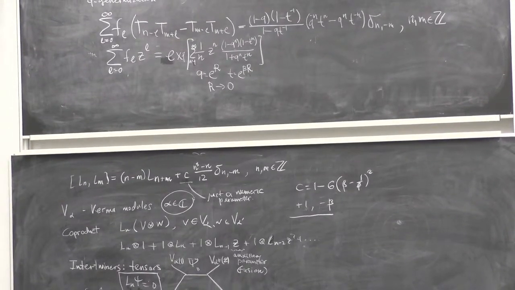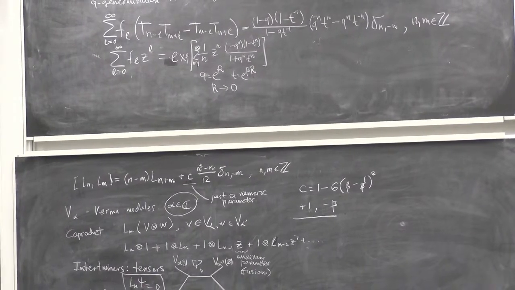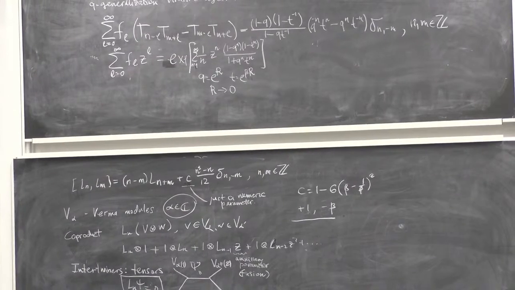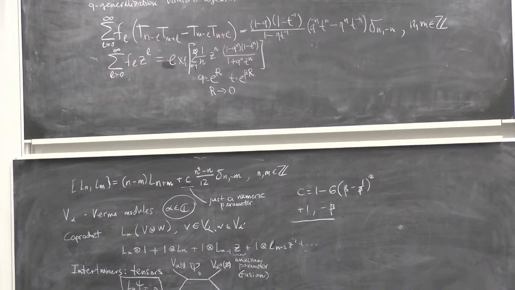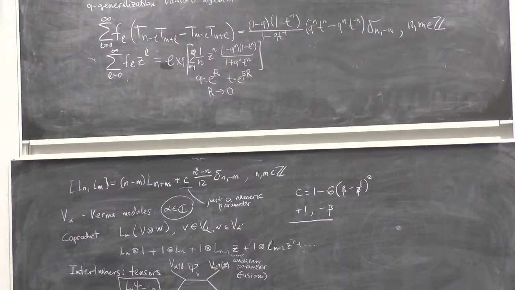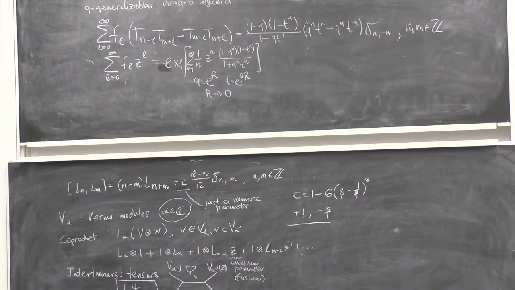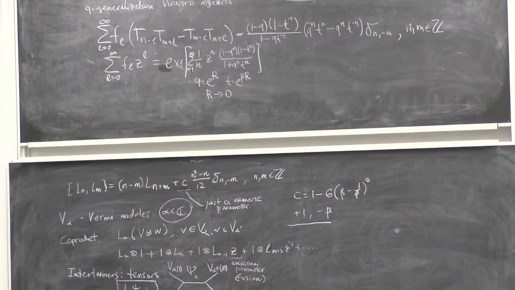If you look at this formula, both sides are formal power series in t and q. If you consider the coefficient of any monomial in t and q, is it a polynomial? I think it's a rational function. Expand to the series in small t and q, both sides.